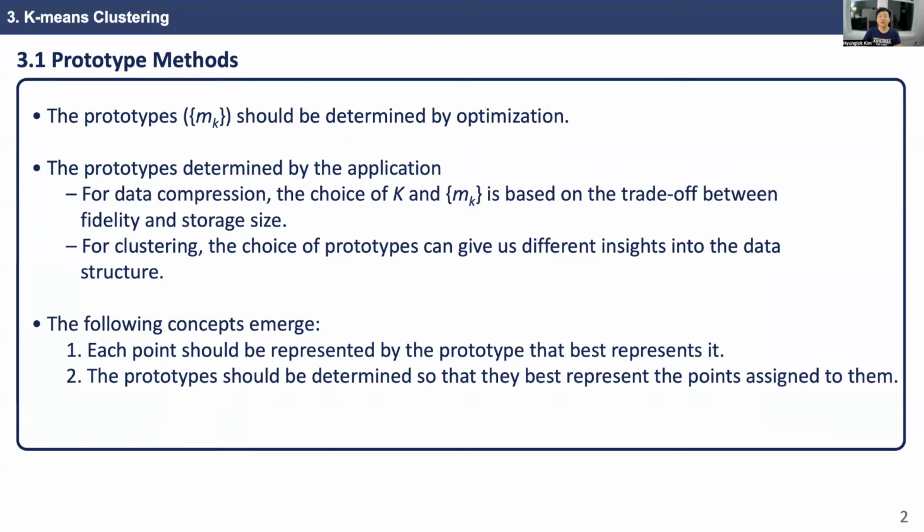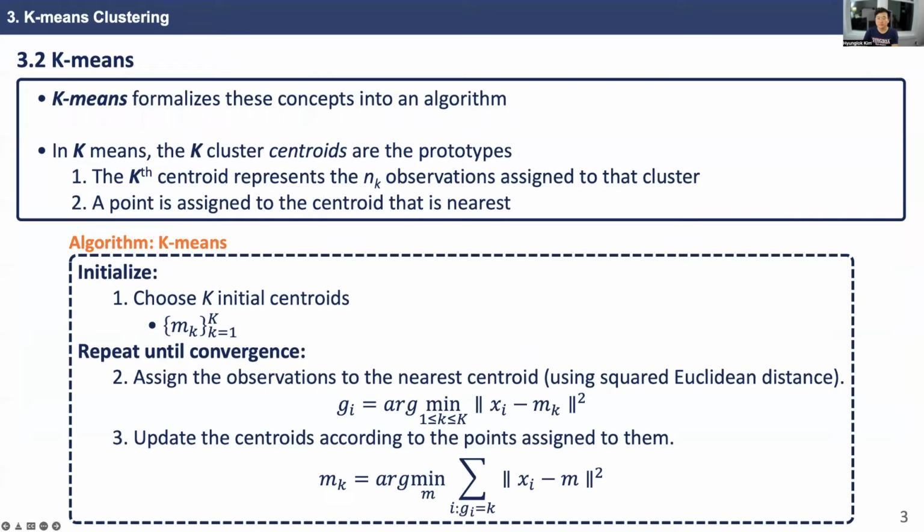So the main points are that, first, each point should be represented by the prototype that best represents it. Second, the prototypes should be determined so they best represent the points assigned to them. So let's look into how the k-means clustering method works. The k-means algorithm is designed so that each point is represented by the prototype that best represents it.